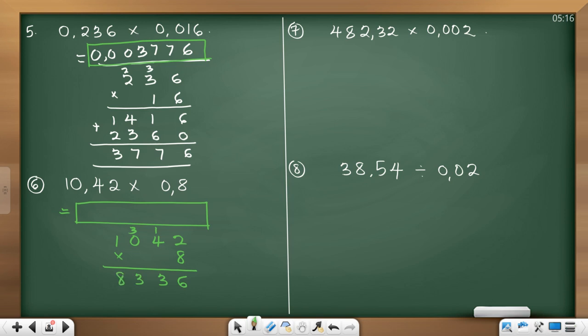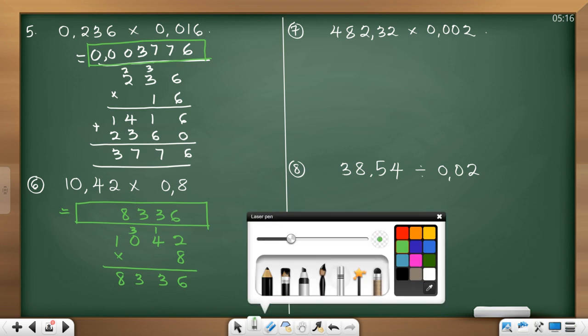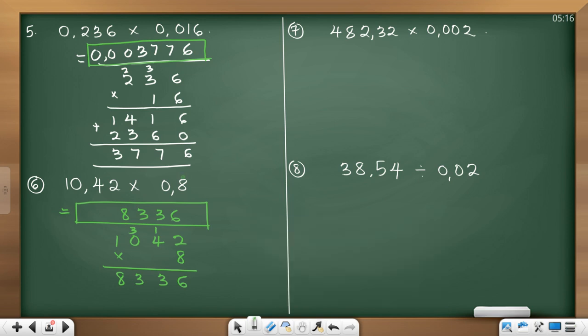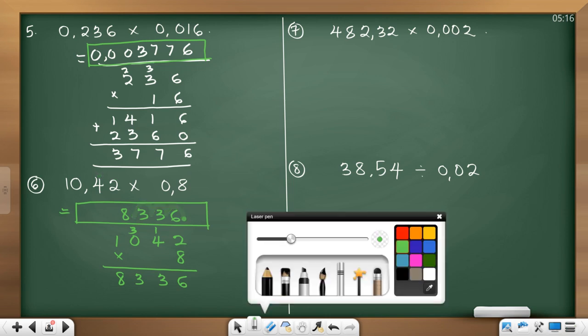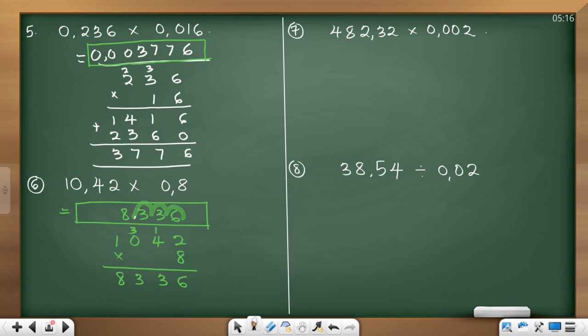And 8 times 1 is 8. Beautiful. So I'll come here and write my number, 8, 3, 3, 6. Now, how many decimals do I have? 1, 2, 3. So I need to have 3 decimals. Start from here. 1, 2, 3. Oh, beautiful. I don't need to add any zeros. 8, 3, 3, 6. Beautiful.